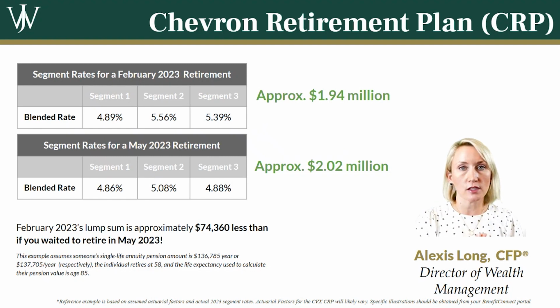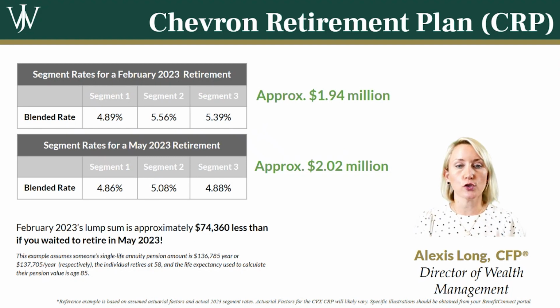Assuming the assumptions are the same for the annuity benefit calculation, the segment rates have actually gone down slightly from the February start date to a May start date. So you can actually see that using the same assumptions, the lump sum value went from 1.94 million to 2.02 million.